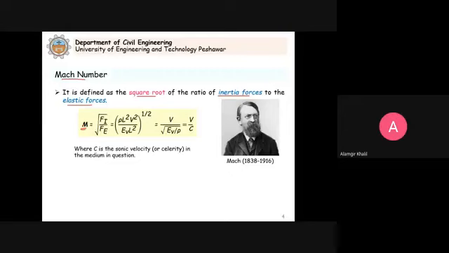Reynolds number we studied in case of pipe flows in the fluid mechanics 2 course, and in open channel hydraulics we extensively studied the Froude number and analyzed problems with it. But these other numbers are also given in your textbook, because if we study compressible fluids, then we have to use these dimensionless numbers for dynamic similarity.